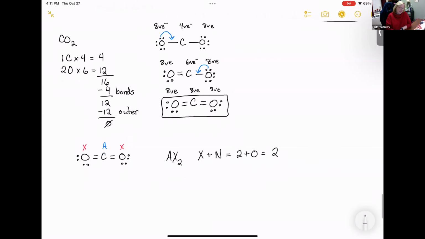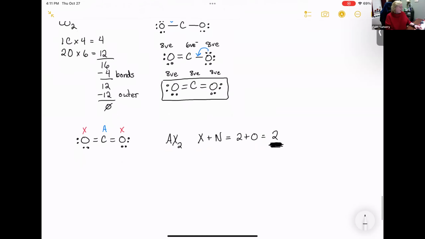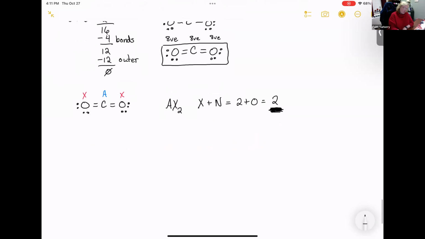Now, anytime there are only 2 things attached to the central atom, they attain minimal repulsion when they are 180 degrees from each other in a linear format.